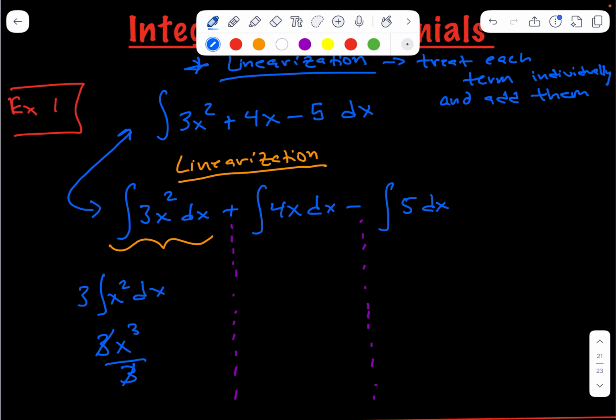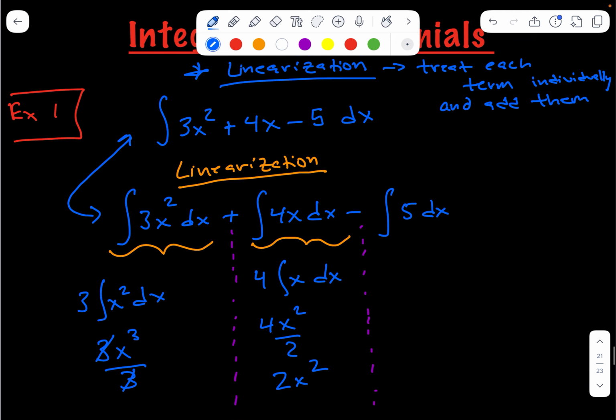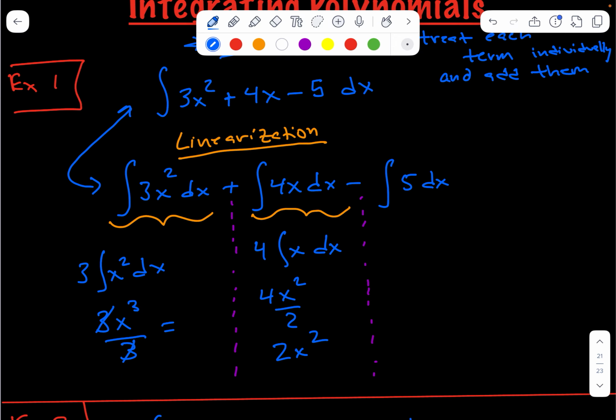So moving on to the second term right here, the integral of 4x, we can take the 4 out in front. This will be just integral of x dx. So this becomes 4x squared over 2. We can simplify this to be 2x squared. And this comes out to be x cubed.